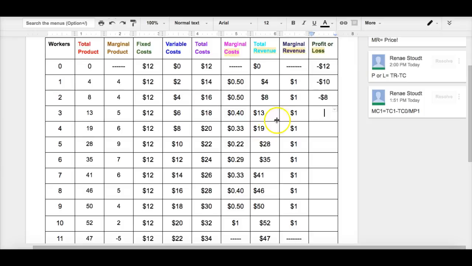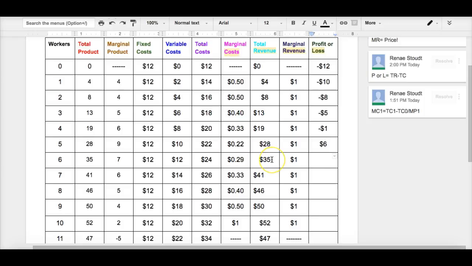At 3 workers, we're going to subtract 13 minus 18 to get a loss of $5. At 4 workers, we're going to subtract 19 minus 20 to get a loss of $1. At 5 workers, we're going to subtract 28 minus 22. Ooh, we got a profit. We got a whopping profit of $6.